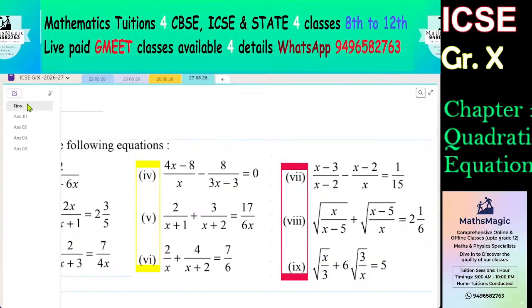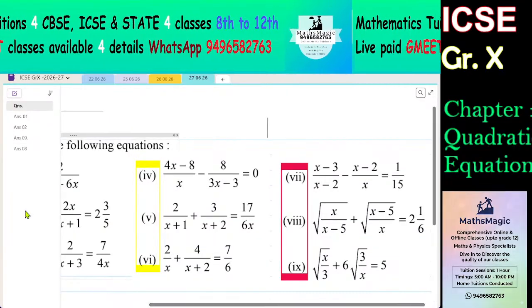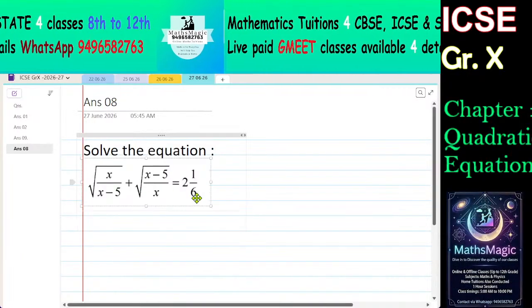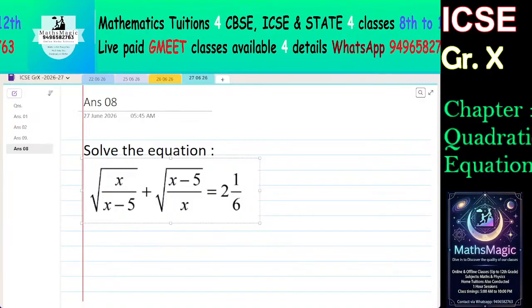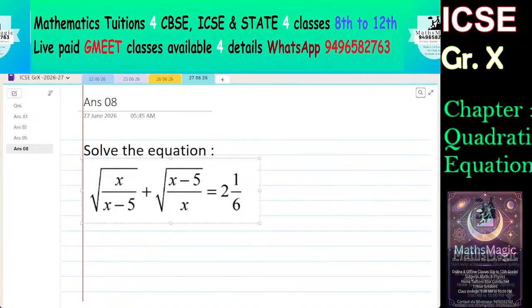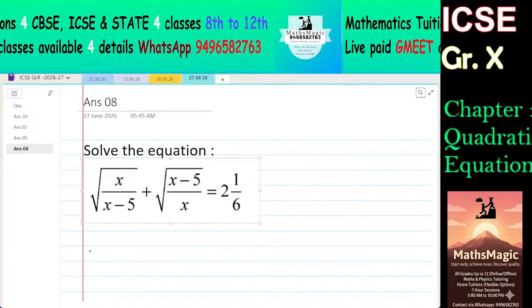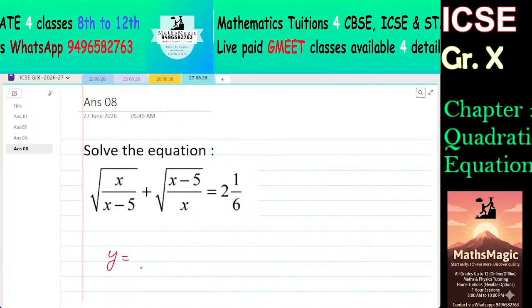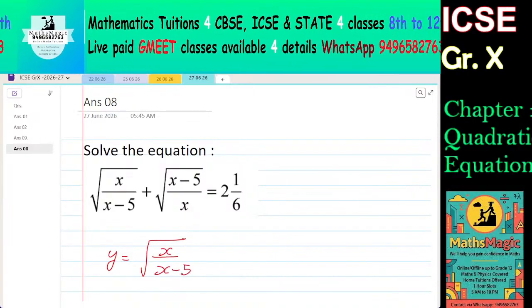So we'll take down the eighth one, root of x by x minus 5. Now you try to solve it together along with me. You will get an idea. That is, you need to put y as root of x by x minus 5.